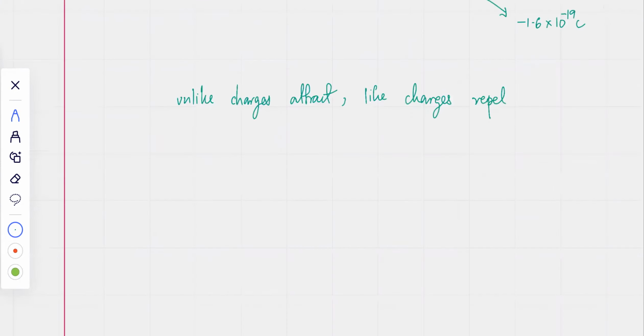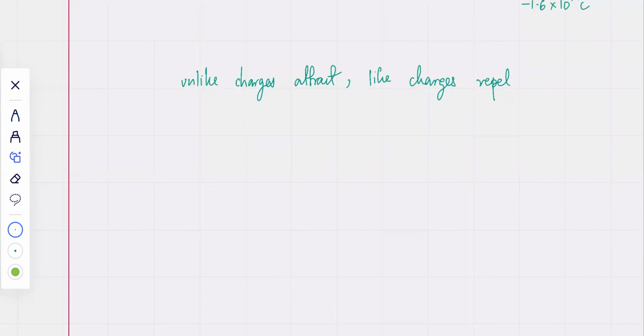So you get a question where you have two plates. So there's plate number 1, that's plate number 2. One of the plates is connected to the positive terminal, the other one is connected to the negative terminal. So let's say the top one is the positive one, and the bottom one is your negatively charged plate.